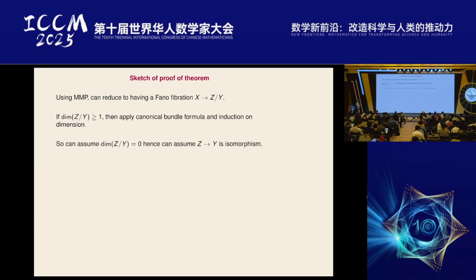But it can also happen that this relative dimension is just 0, which means that Z to Y is an isomorphism as far as we are concerned. In that case, you cannot apply induction anymore.